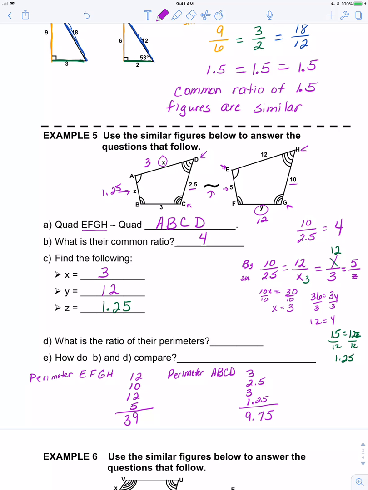Okay, so what's the ratio of EFGH? 39 to 9.75. How do B and D compare? Okay, so if their common ratio is 4, if I'm to say, well, what's 39 divided by 9.75, we should get 4.